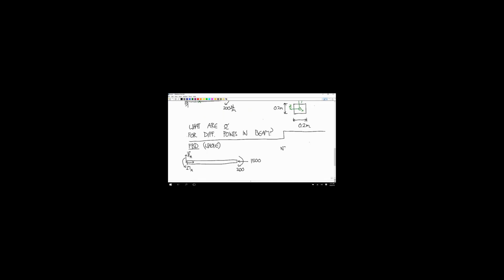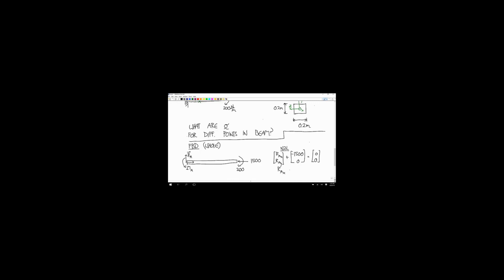So Newton's second law says RAX, RAY plus negative 1500, 0 is equal to zeros.